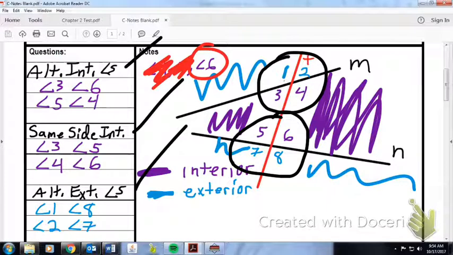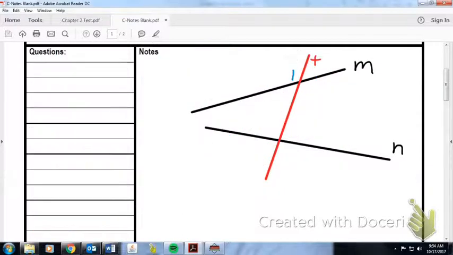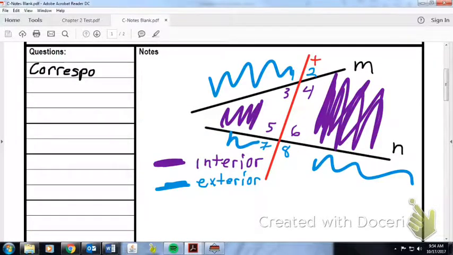So these new names, alternate interior angles, same side interior angles, alternate exterior angles, and corresponding angles, are relating the groupings of the intersections. So one from the top intersection, one from the bottom intersection. So corresponding angles are on the same side of the transversal.